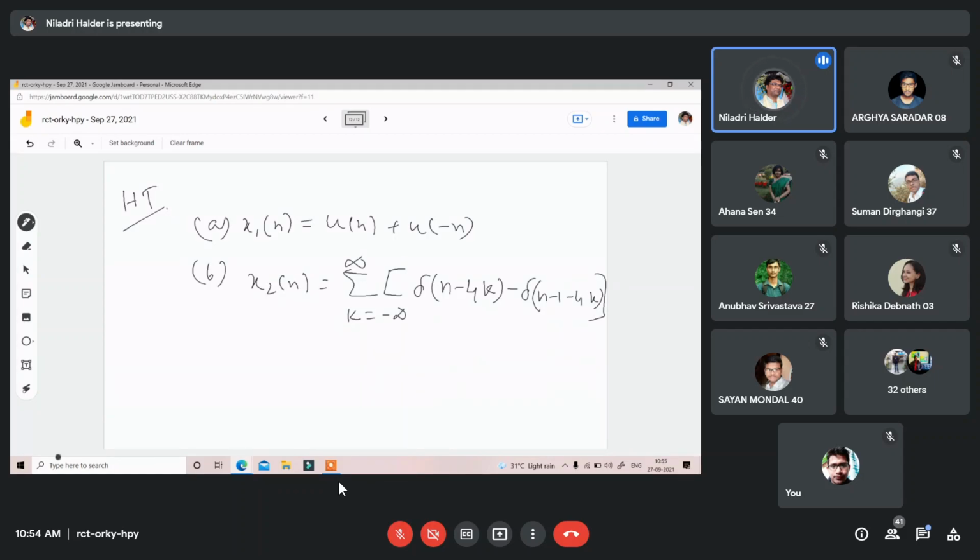Okay, first you need to prove whether it is periodic or not, then you need to calculate the period. This is your home task, just write it down.